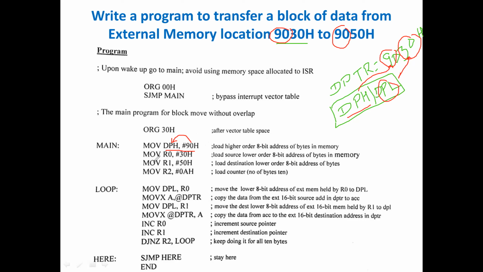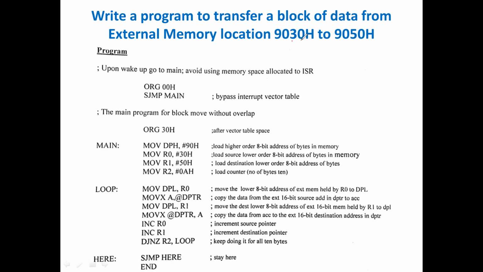Now I place 30H and 50H in two registers, which act as memory pointers. The data in R0 will be 30H, and in R1 it will be 50H.